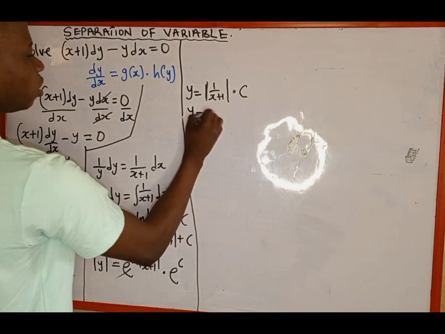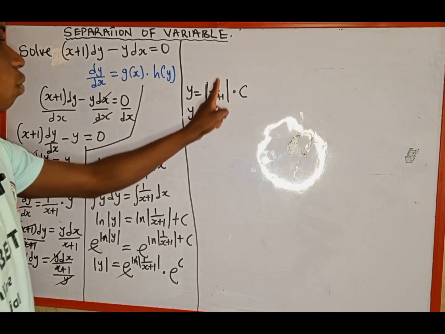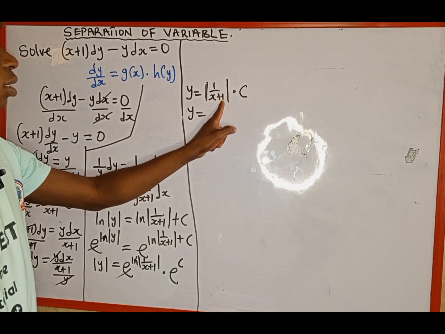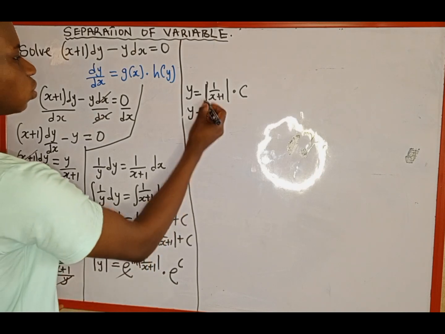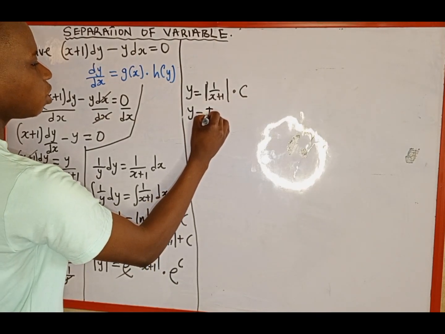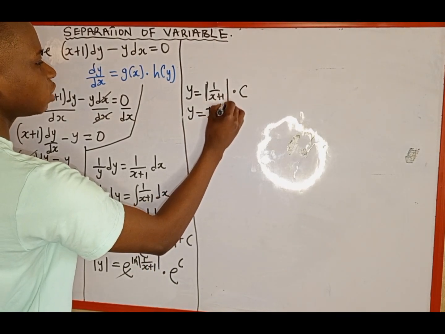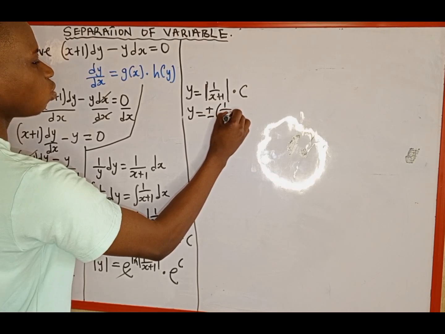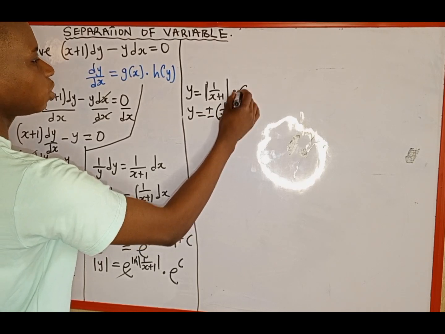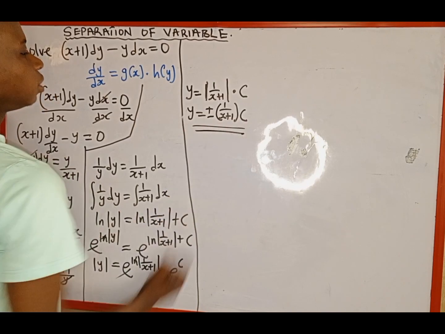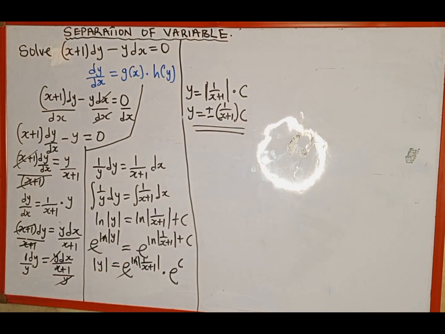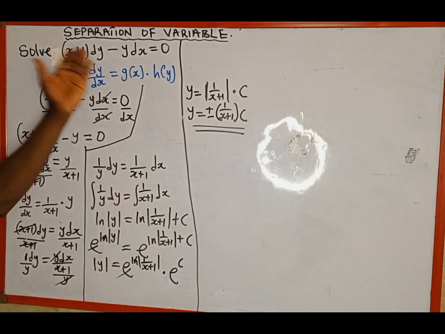So y will now be equal to the absolute value of x plus 1 times a constant. If we are taking the absolute value, it is going to give us two values. So this is going to be plus or minus x plus 1, multiplied by a constant. So this is the value of y in this differential equation using the method of separable variables.